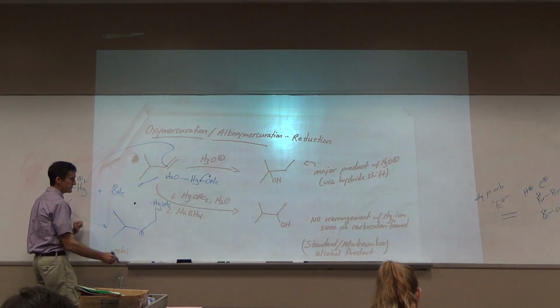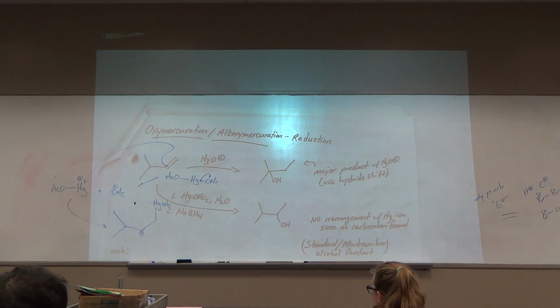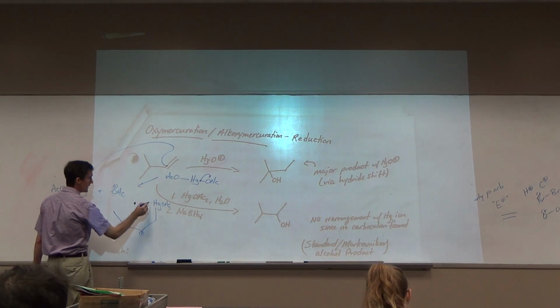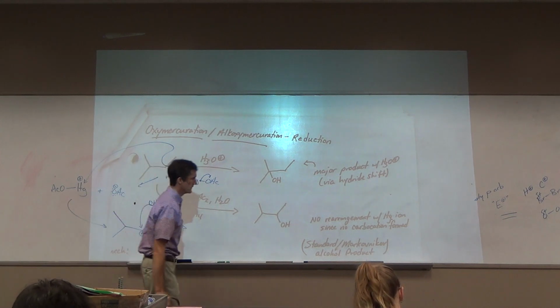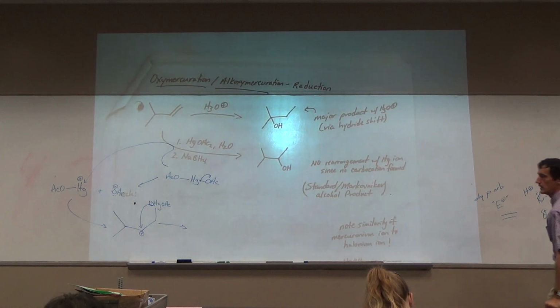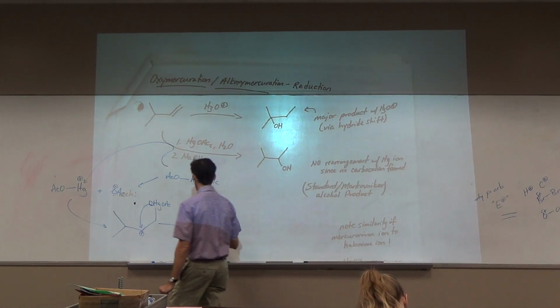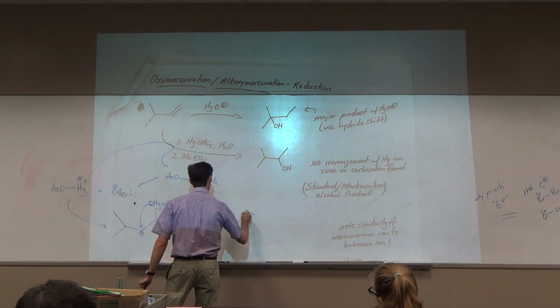Because of that, what do you think is going to happen here? Is this really formed? No. These electrons are going to back bond, and what do we get? What does that give? Boom, boom, boom, boom.